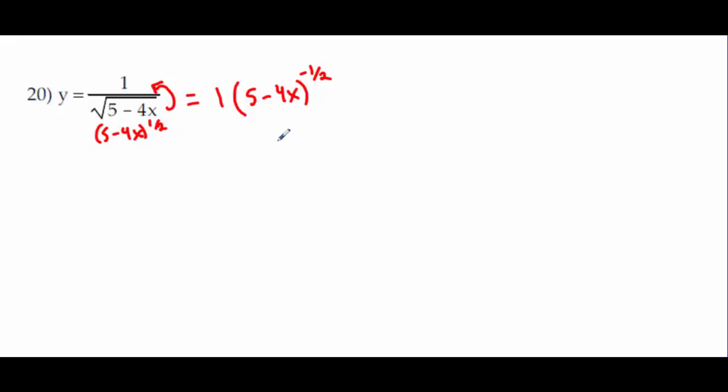If you don't move it up to the top, you are stuck quotient ruling this, and nobody wants to do that. If you can avoid the quotient rule, then by all means avoid it. If this had been anything other than 1, whatever it is has to go in front of this parentheses. So if it was a different number like 2 or 3 or 4, it would make more of a difference. Since it's 1, we can basically ignore that it's there, because that's what we do with 1s most of the time.